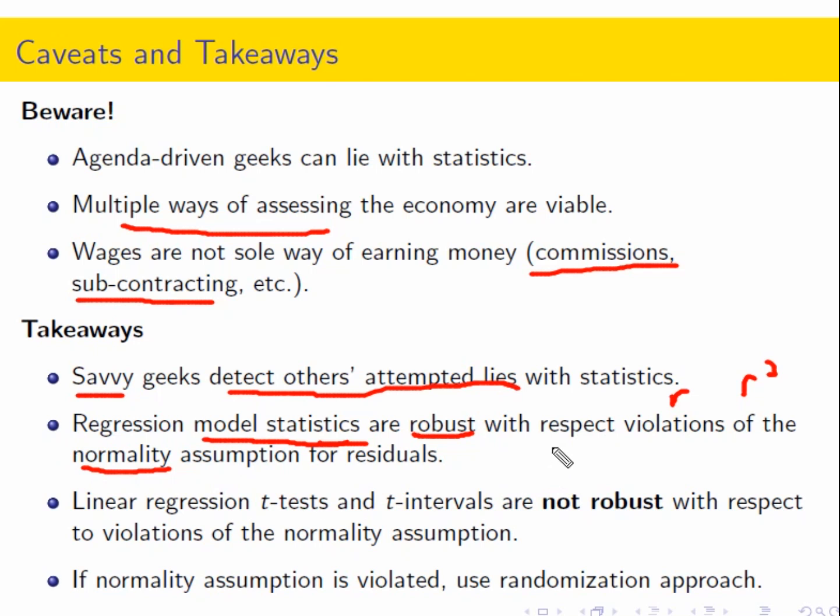If you violate the linearity assumption, nothing's going to be right. But R and R squared will hold up when there are violations of the normality assumption. The problem is, though, I can't use these t-tests and t-intervals if there's a violation of the normality assumption. But that's why I showed you the randomization approach. In the RStudio notes, you'll see a couple of different randomizations that we can do when the normality assumption is violated.